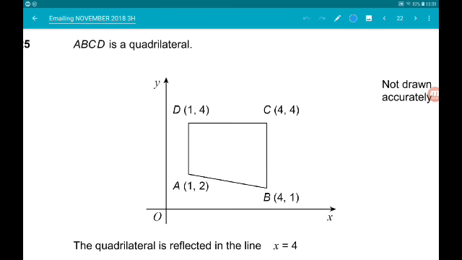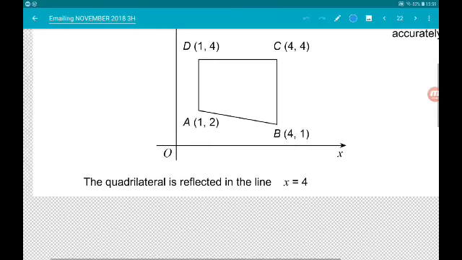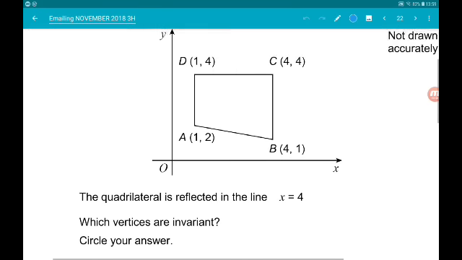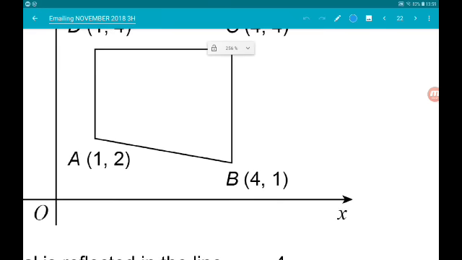Okay, 25, invariant points. So ABCD is a quadrilateral. The quadrilateral is reflected in the line x equals 4, which two vertices are invariant. So invariant points are ones that don't change when you carry out a transformation. So the line x equals 4 is this line.